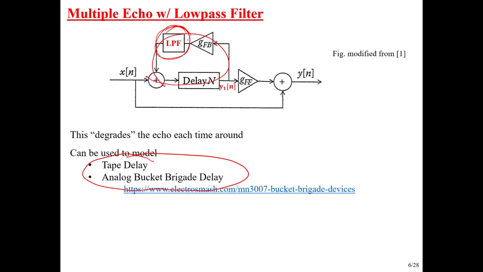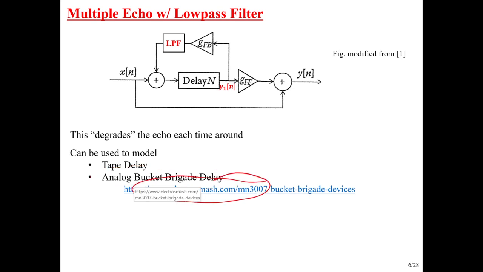That was the oldest way, and that continual rewriting onto the tape, reading and recording, caused a degradation that we're modeling with a low pass filter. And then things were done with analog bucket brigade delay chips. If you want to read about those, go to this web page. That's a great web page.